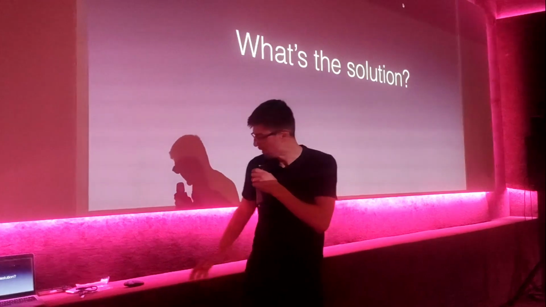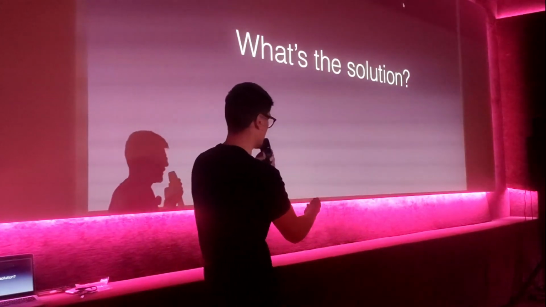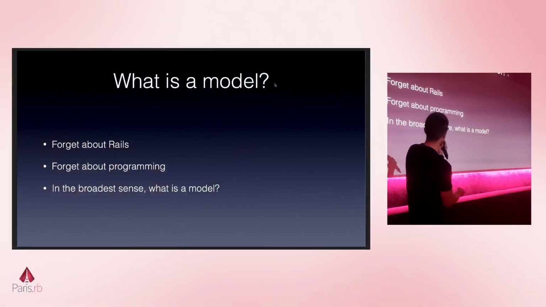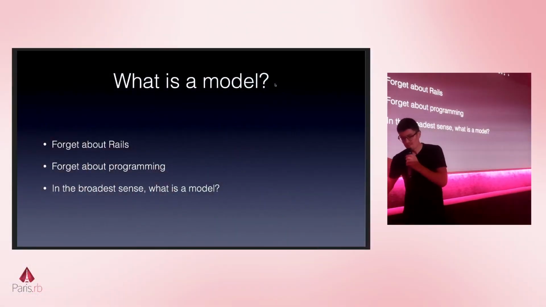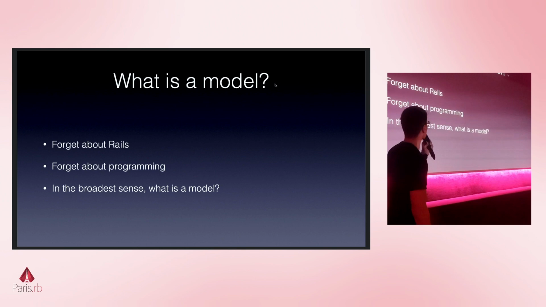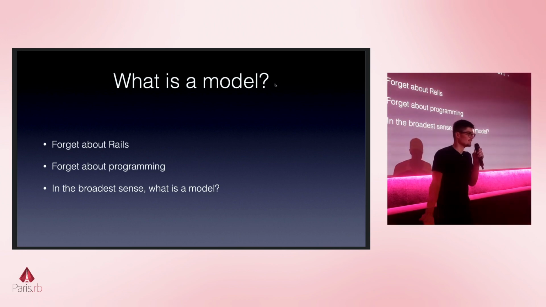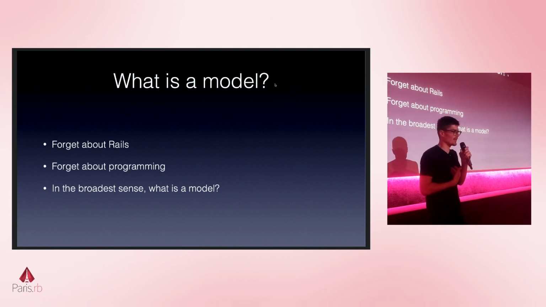Okay. Well, let's talk a little bit more about some of the ways that I like to structure Rails applications, and I want to get almost philosophical for a minute and talk about what even is a model. We have these things called models in our application, but in my experience, a lot of people think about what a model is in a different way from what I think a model is.